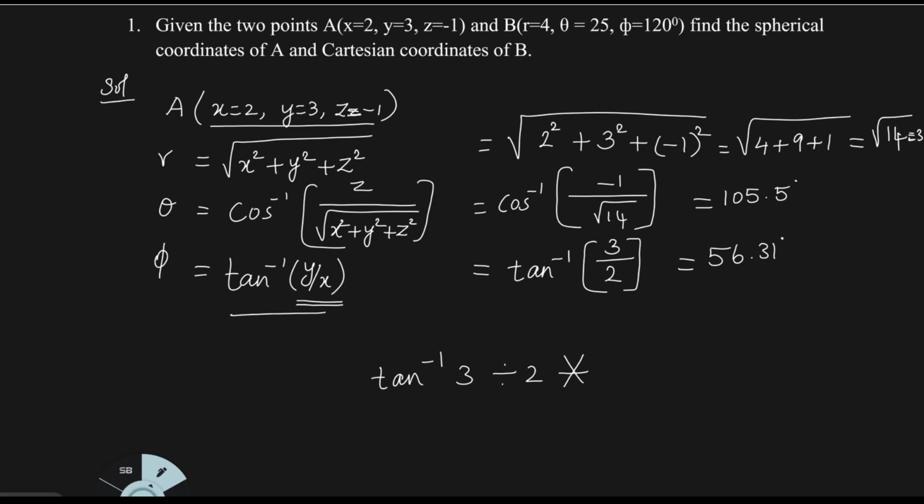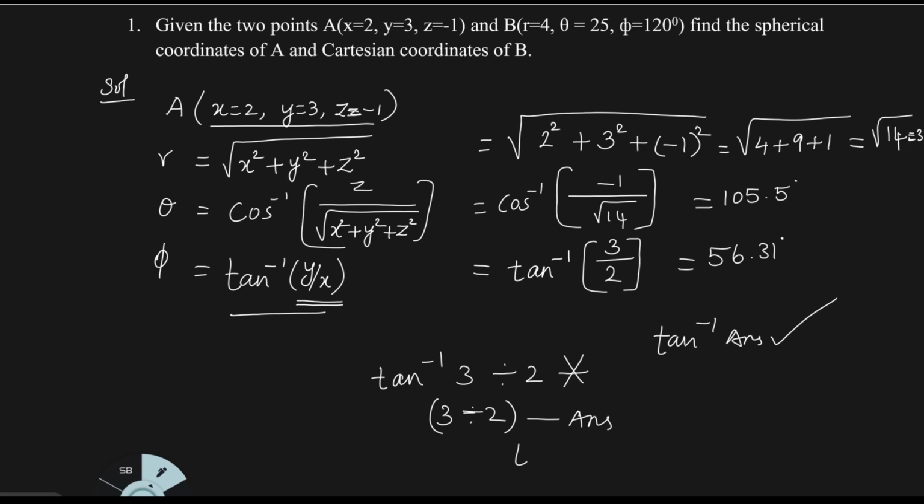You have to solve 3 divided by 2 first. After getting an answer, you go for tan inverse of the answer. Then only it gives the right answer. Okay, fine. We have found 1 point only.